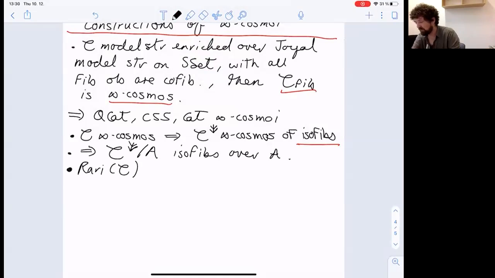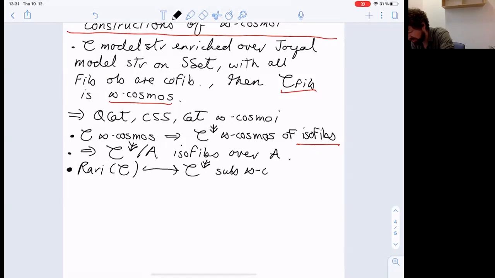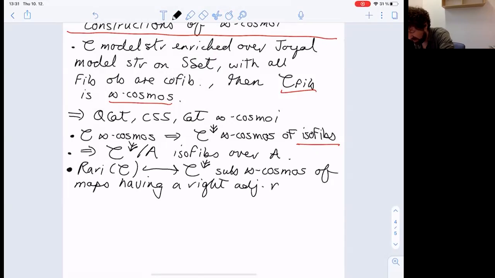A rather obscure sounding example, but arguably the most important one for the sorts of things I want to talk about, is the infinity cosmos of maps having a right adjoint right inverse.